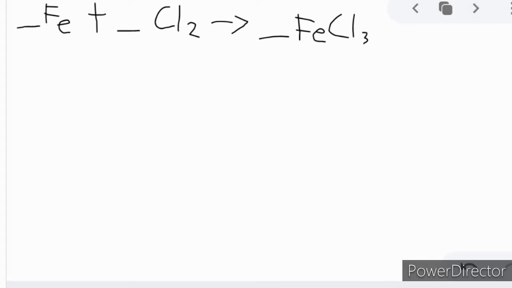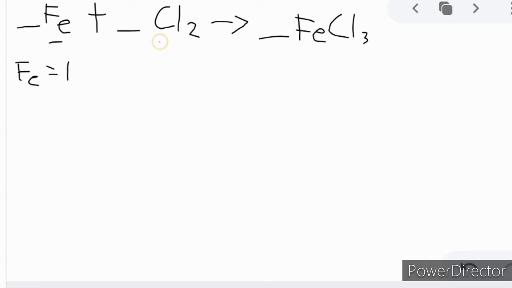let's try this example. So we have blank Fe plus blank Cl2 yields to blank FeCl3. So the first thing that we need to do is to analyze the chemical equation and notice what are the elements involved. So we get Fe here, which is equal to 1.